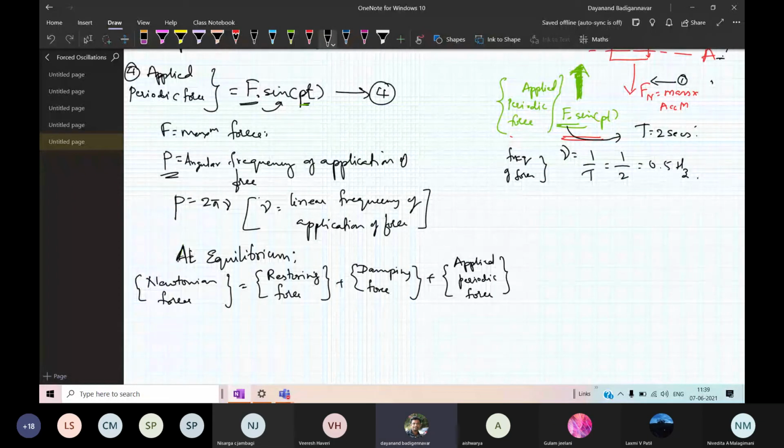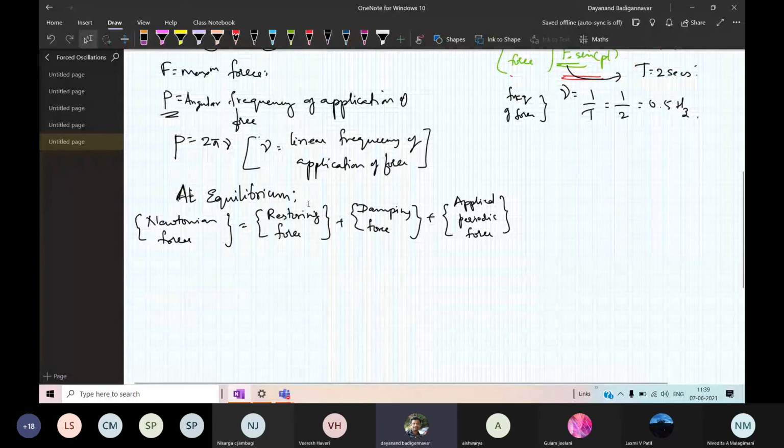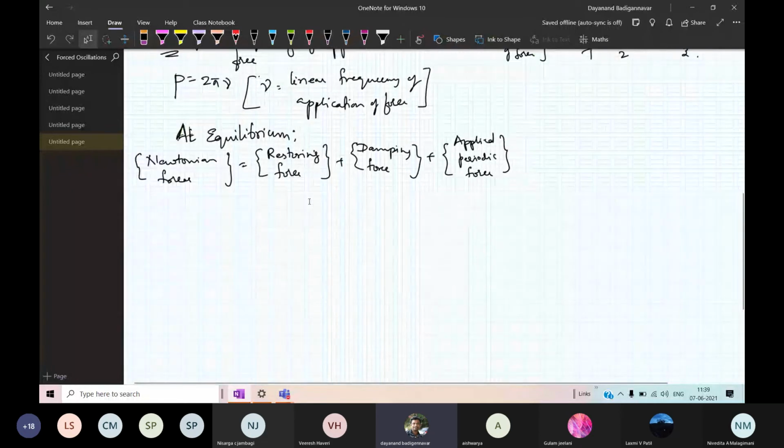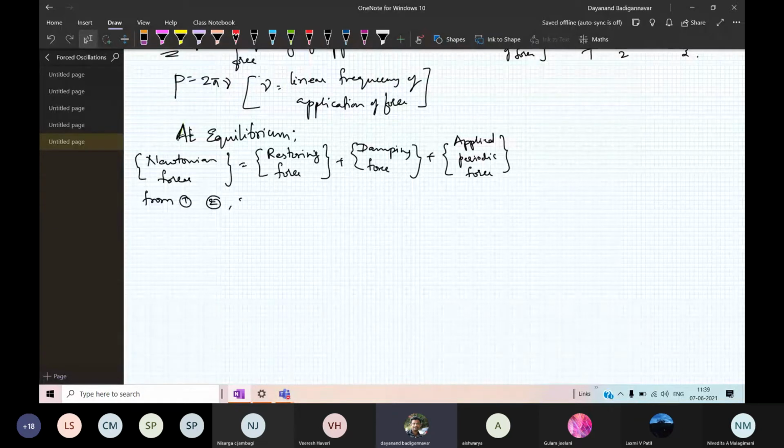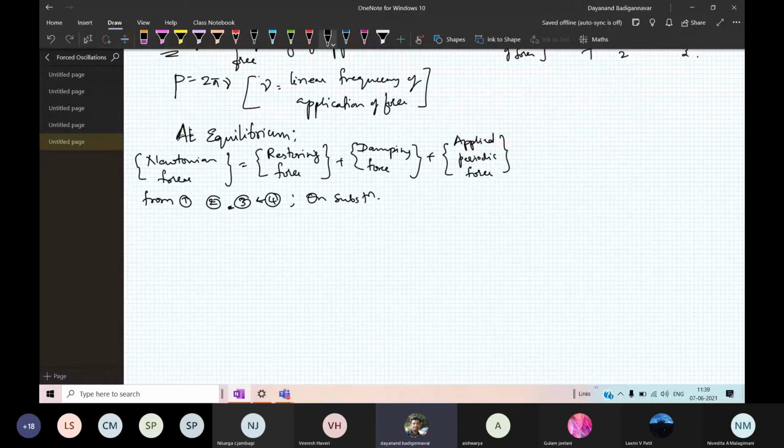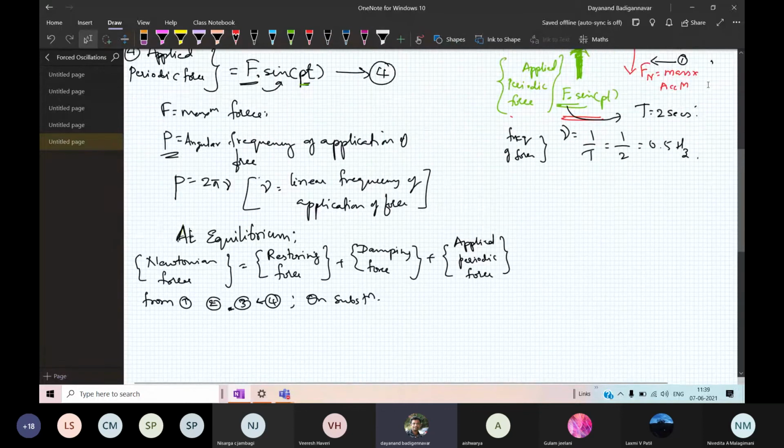Next, from equations 1, 2, 3 and 4, on substitution, what is the Newtonian force?